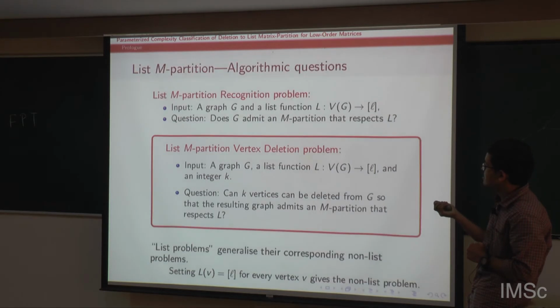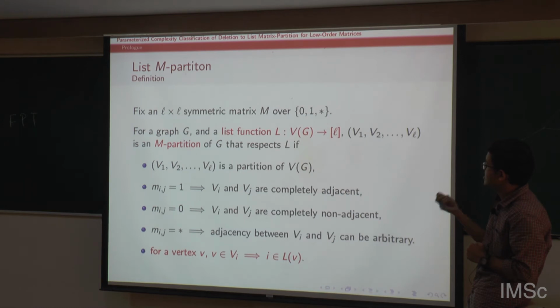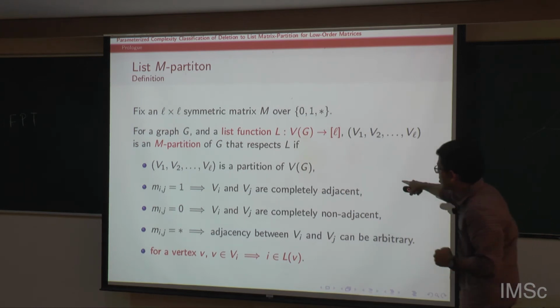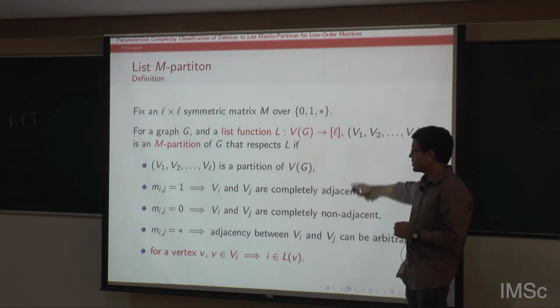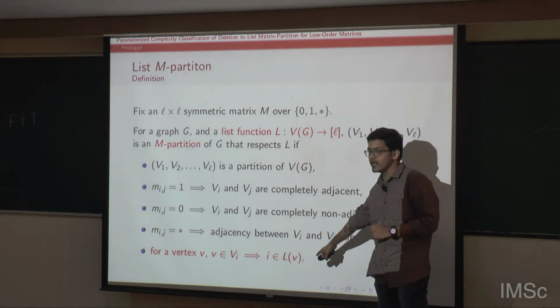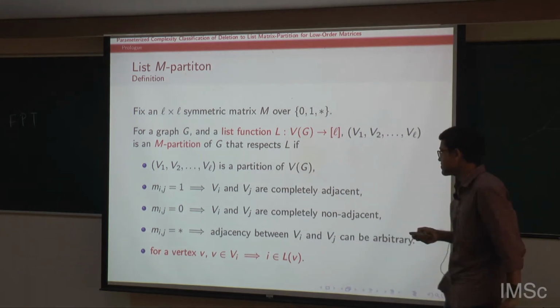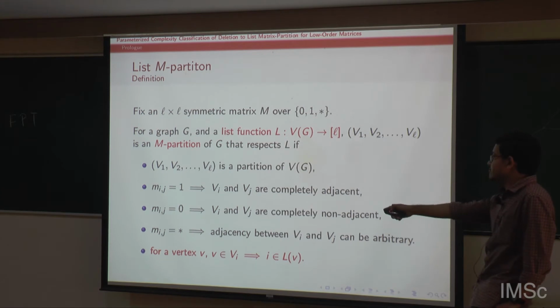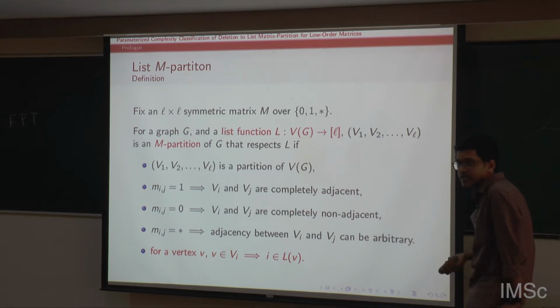So now we have all the constraints that are there for an M partition, plus we have an additional constraint, which is what? If a vertex must go to a part, say Vi, then i should belong to the list of that vertex. So this is what we call a list M partition.